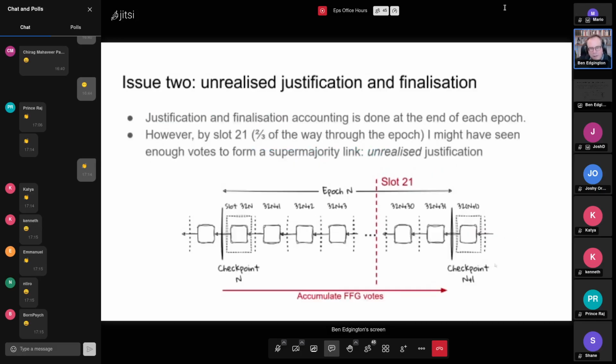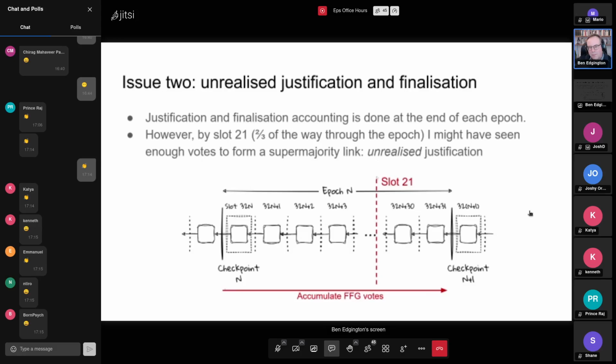And then we discovered another problem, which is unrealized justification and finalization. This stems from the fact that the way we accumulate Casper FFG votes is gradual. We accumulate them slot by slot.